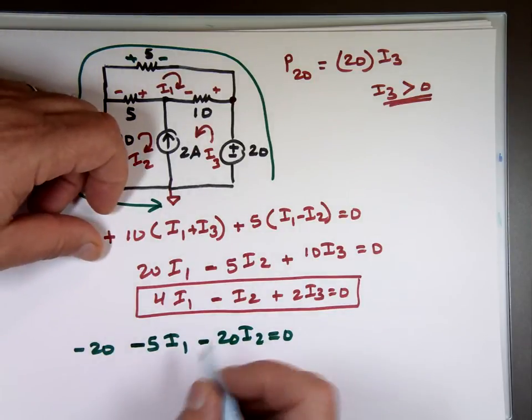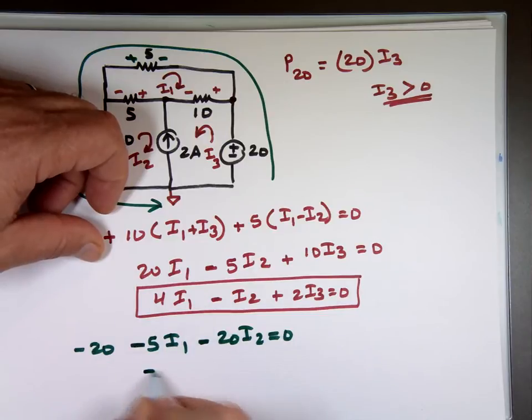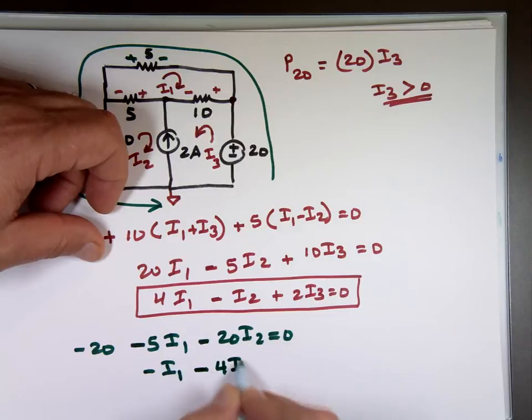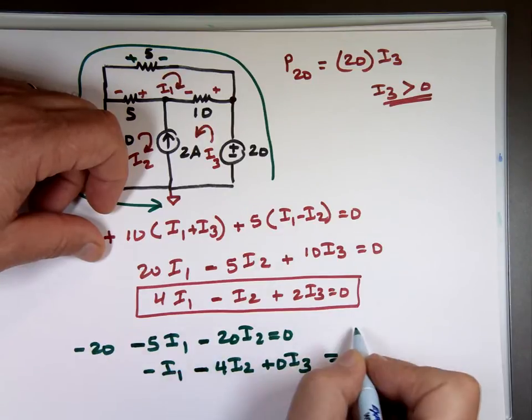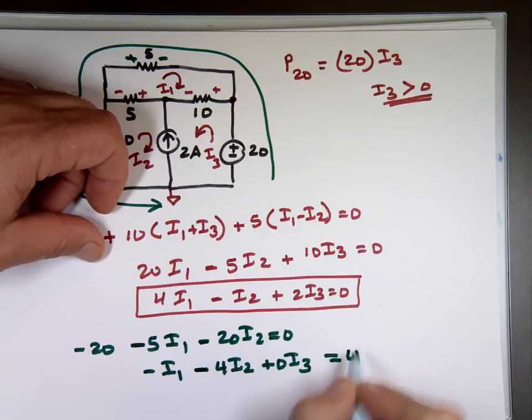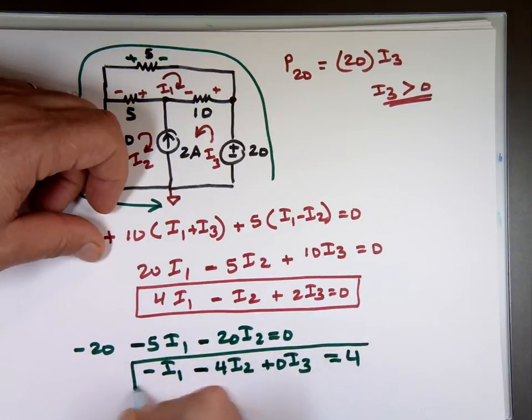Divide by 5 and move it there. This is negative I sub 1 minus 4 I sub 2 plus 0 I sub 3. There is no I sub 3, right? That becomes 20 divided by 5, that's a 4. That's equation number 2.